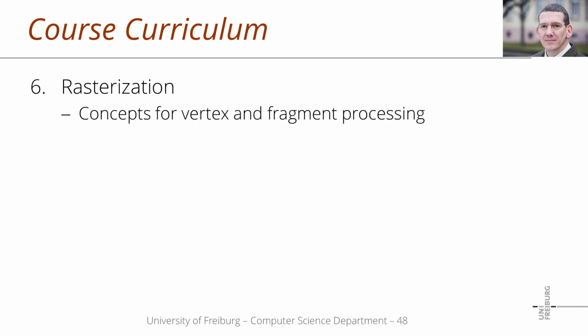And then these fragments are processed. For instance, colors are computed for these fragments, and also the visibility is checked for these fragments. And in the context of rasterization, we talk about the so-called rendering pipeline, which combines vertex processing, rasterization, fragment processing, and also the Phong illumination model in order to generate images.